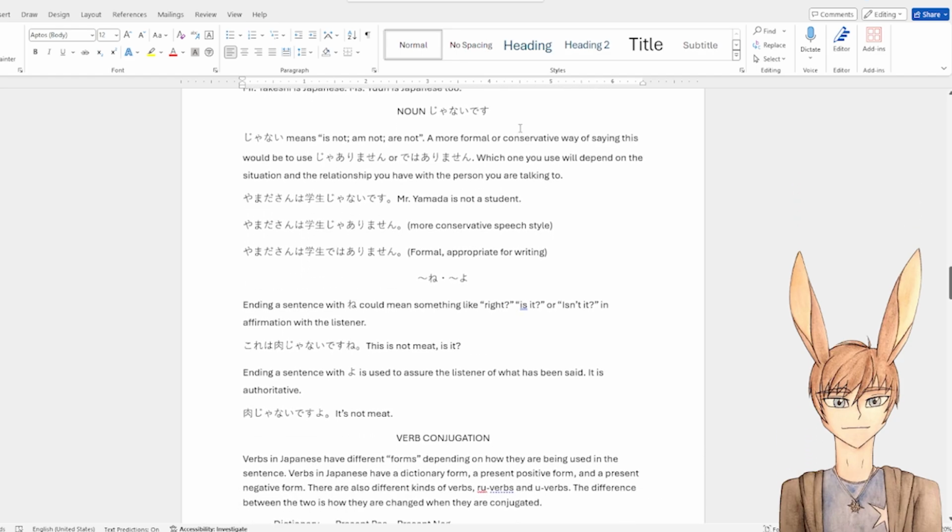Now we're moving on from particles for a bit to talk about janai desu. Janai or nai basically is a part of a Japanese word that means not, is not, am not, are not. It's a negative way of saying something.